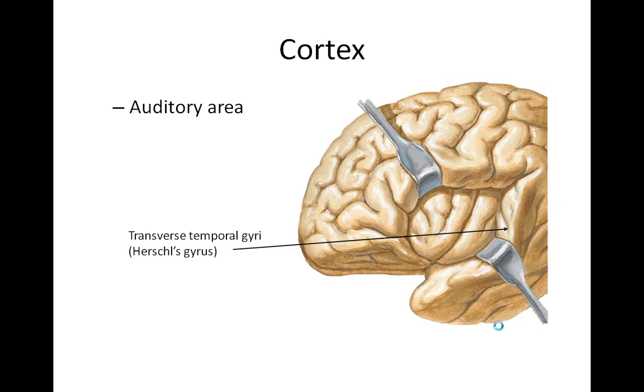So if you knock it out, you'll have dampened hearing, but you won't have deafness on any particular side. It does receive predominantly crossed fibers, so the deafness is worse in the opposite ear, if it's detectable at all. Usually there isn't that much of a difference between the ears anyway. The fibers reach the auditory area from the medial geniculate nucleus of the thalamus, and we'll cover this later on when we talk about the auditory pathways.